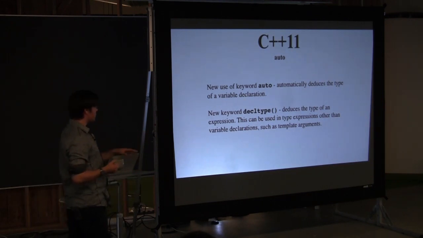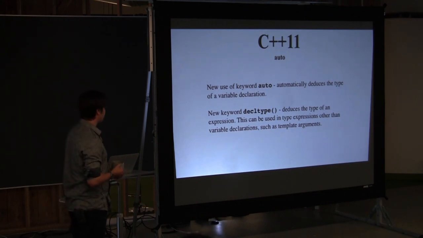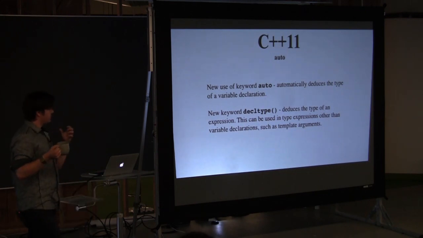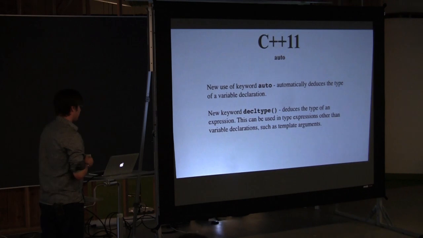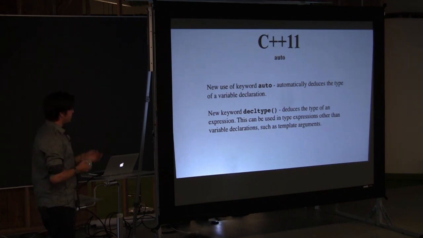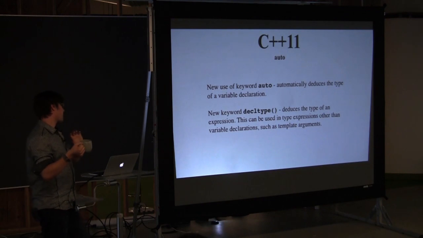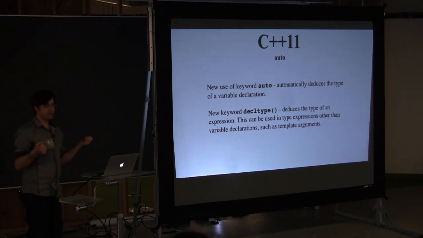The other keyword, which is a little bit more obscure and probably less useful, more useful when you're writing libraries, especially template libraries, is decltype, which is an expression that resolves to a type, and it can be used in type expressions, which are primarily useful in templates. But it means that you can write decltype and any expression inside the parentheses, and the whole expression will resolve to the return type of that expression.